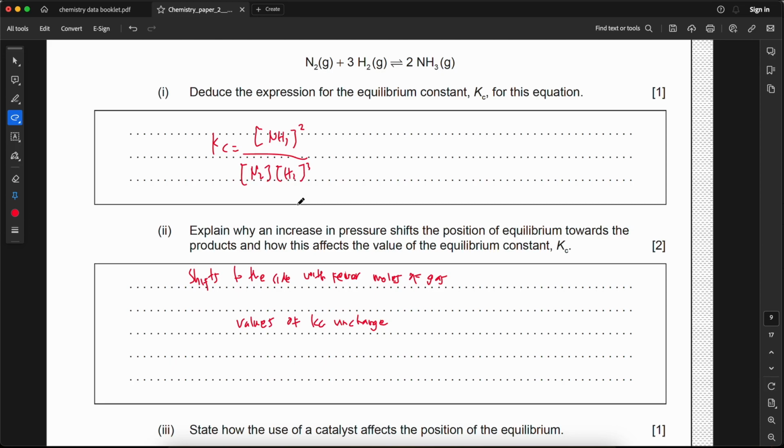So be careful. For the pressure, increasing the pressure will shift to the fewer moles of gas. Decreasing the pressure will shift to the higher moles of gas, and this will be the opposite with the volume.